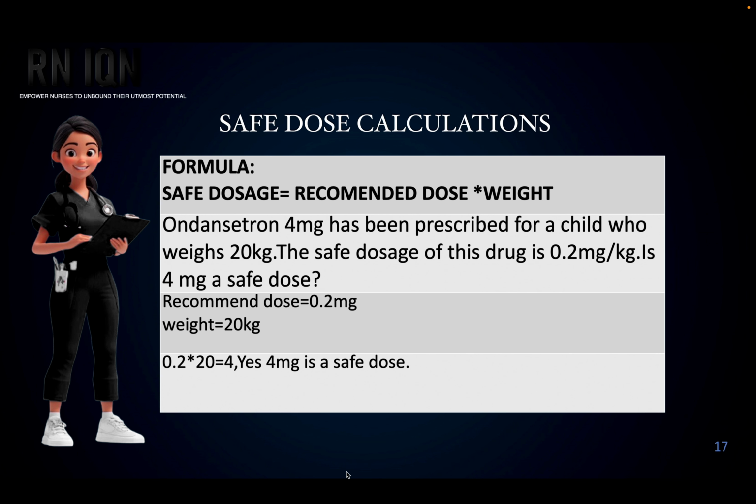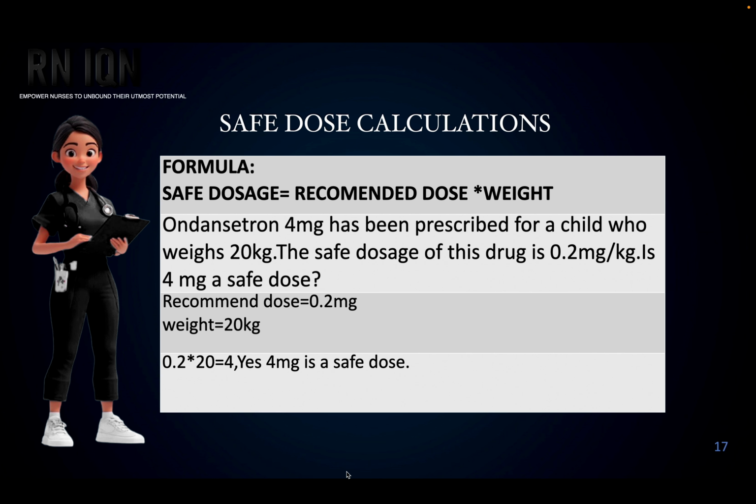They will give you a safe dosage of that particular drug per kg. So you just multiply that recommended dose per kg by the patient weight in kg. That will give you the maximum safe dosage that can be applied to the patient. This gives you the maximum amount of drug that can be safely administered to the patient.